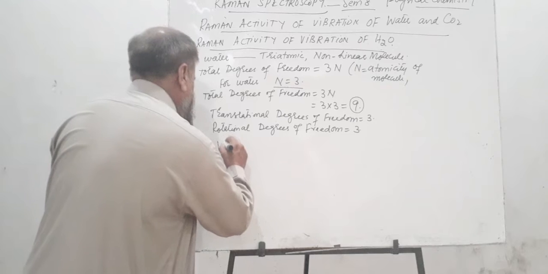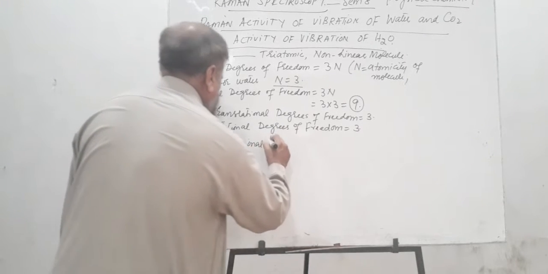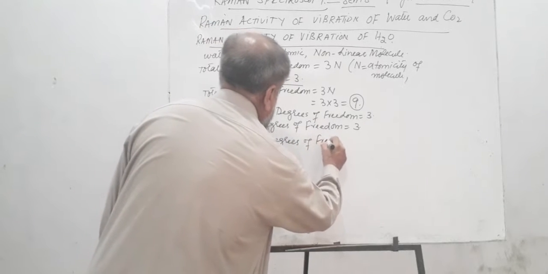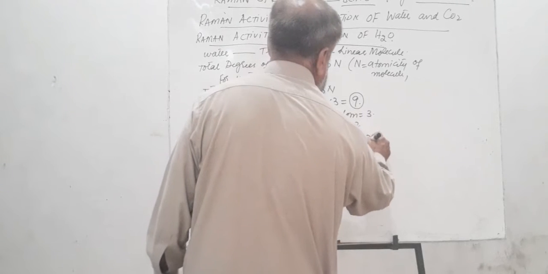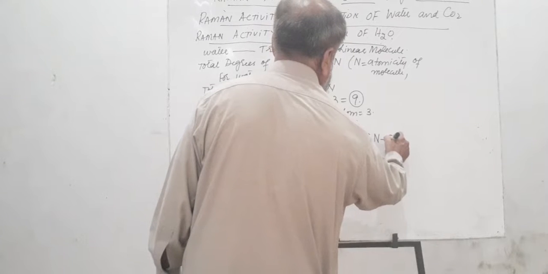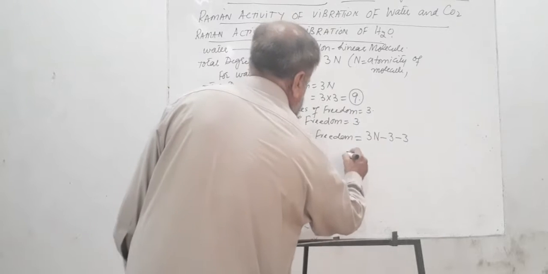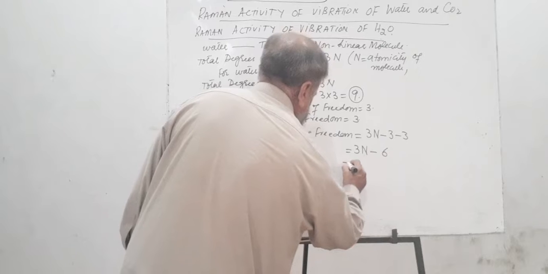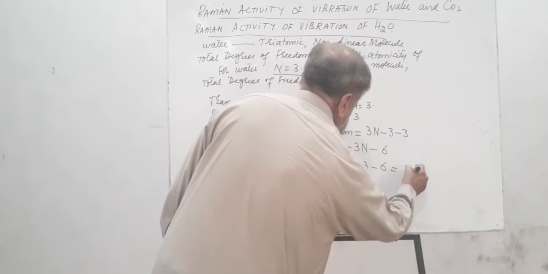Thus, the vibrational degrees of freedom for non-linear molecules will be equal to total number of degrees 3n minus translational degrees of freedom 3 minus rotational degrees of freedom 3, or we can write the vibrational degrees of freedom will be 3n minus 6, or 3 into 3 minus 6 is equal to 3.